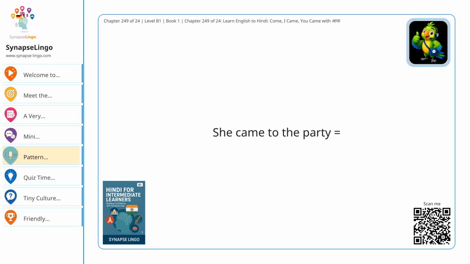She came to the party equals वो आए, Party mem. After the rain, we came home equals Barisa K Bada हम आए, Gara. They came after dinner equals वे आए, Radha K Kane K Bada. There is less water now equals Abba कम Pani high.